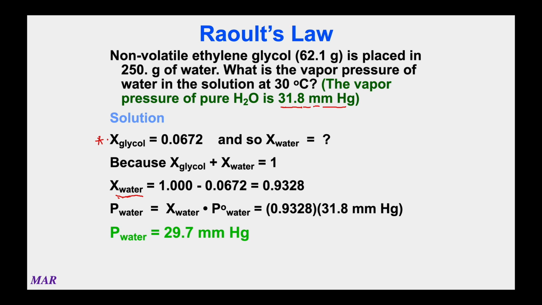Vapor pressure depression, the idea that the vapor pressure goes down, we're going to use in the other colligative properties. Raoult's law has some cool uses sometimes. Mathematically, it's pretty easy to do, but you have to remember to use the mole fraction of solvent, and you have to remember that you will need the vapor pressure of the pure solvent at that temperature.